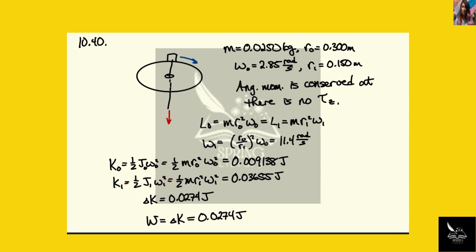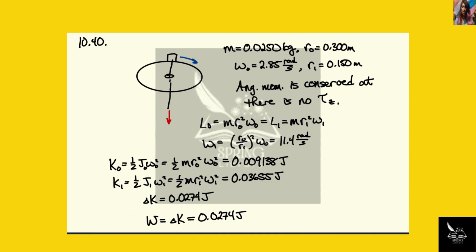In the second case, after we've pulled the string in, J has gone down by a factor of 4, because the radius went down by a factor of 2, so we square it. But omega went up by a factor of 4, and now we're squaring it, so that's a factor of 16. So this winds up being much larger, and in fact it's 0.03655 joules. So the change in kinetic energy, the difference, is 0.0274 joules.